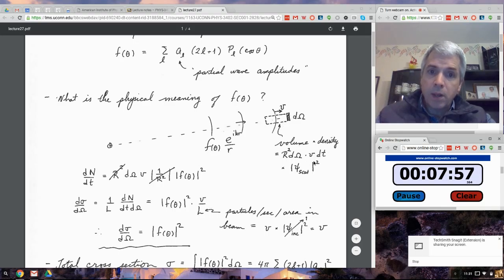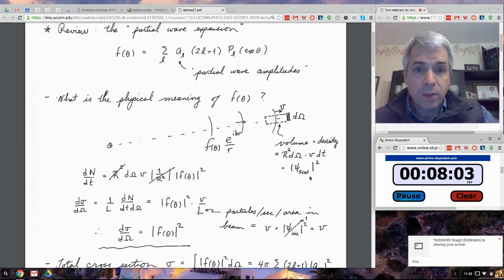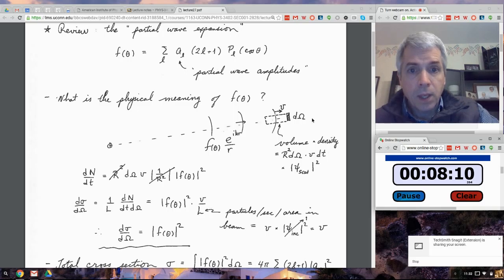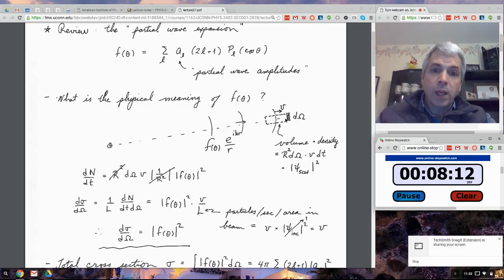Well, you multiply the volume by the density, and the density is given by psi star psi. Since we're in the continuum, we have to integrate over the entire interior, and for small dt and small d omega, we can take that density to be uniform and bring it outside the integral, and we have the volume times some number, psi, which we square.